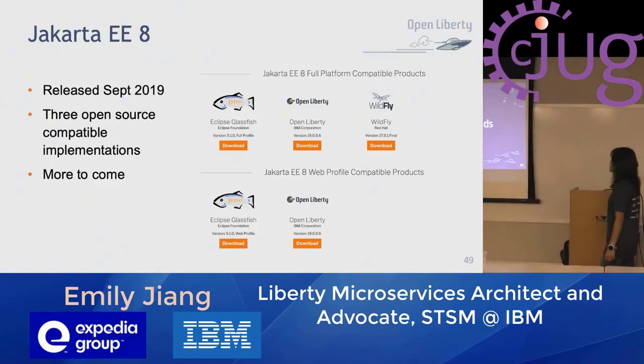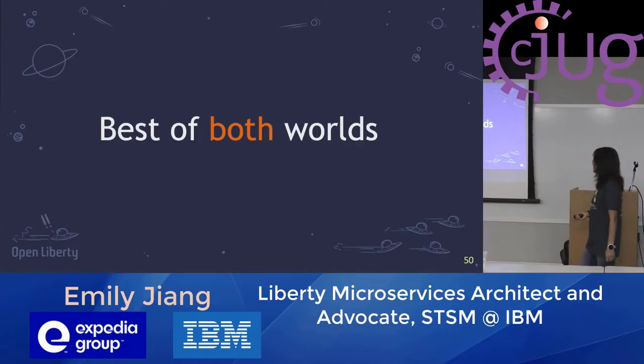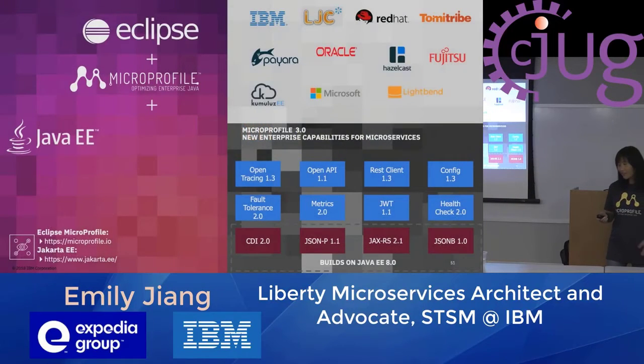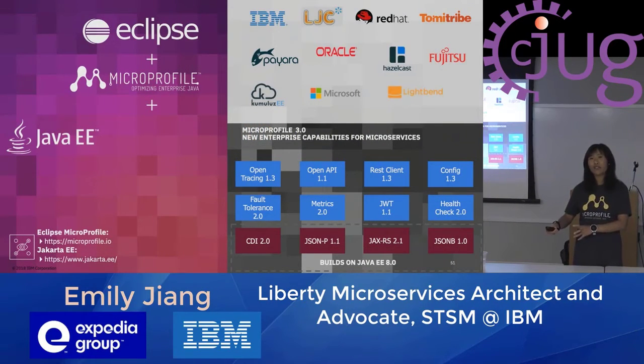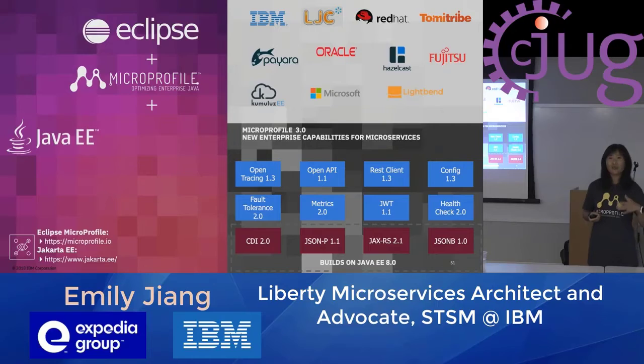I need to make it really fast now, conscious of time. As I mentioned earlier, MicroProfile also needs Jakarta EE to be really powerful. It's not only me saying this. A lot of people tweet on Twitter saying MicroProfile plus Jakarta EE equals really powerful.